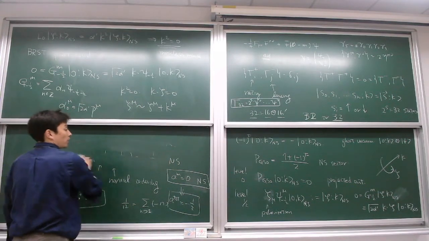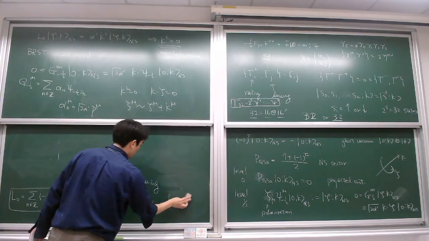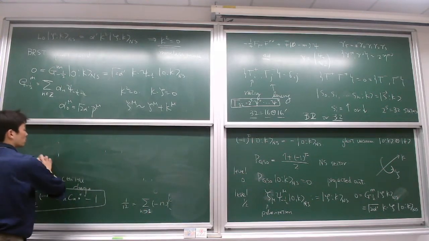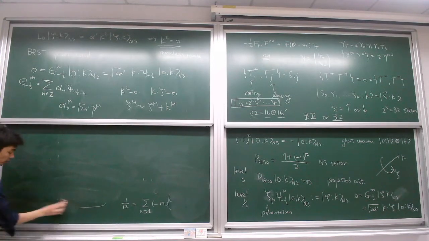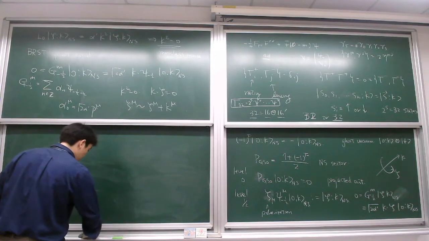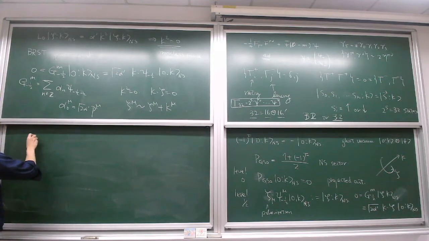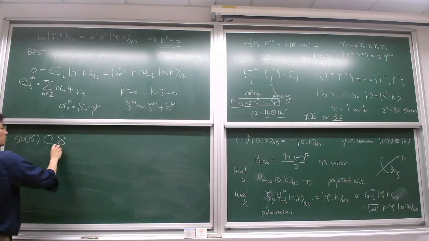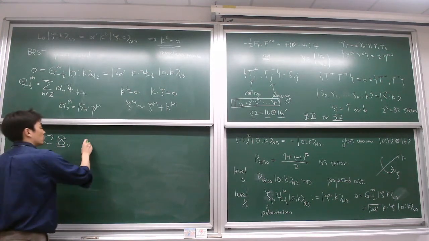So mu runs over 10, since it's a 10-dimensional superstring. But once you impose this physical condition and the massless condition, with the polarization also orthogonal to the momentum, then it becomes a representation of SO8 acting on 8 components. So it's called the vector representation.